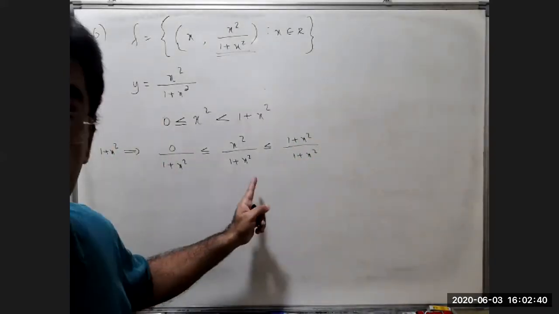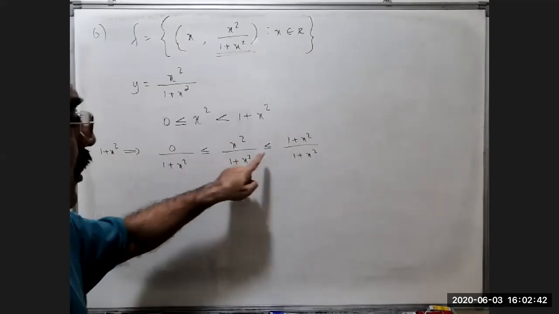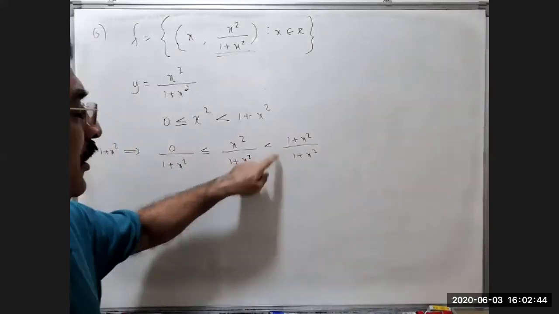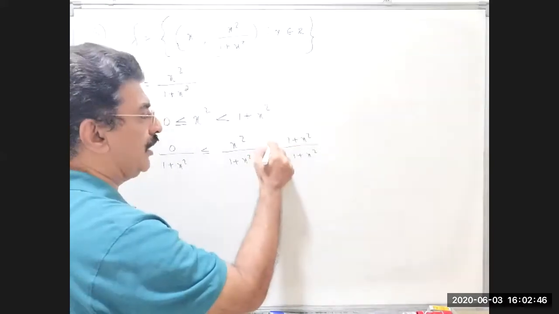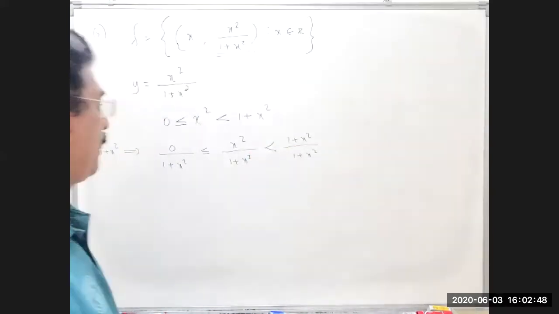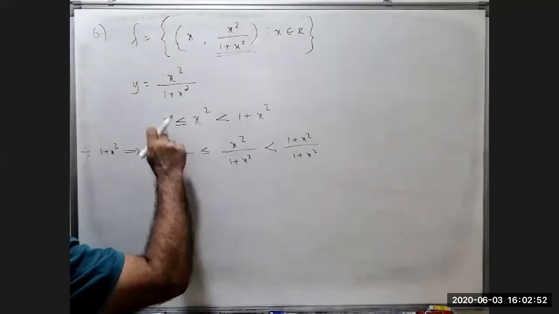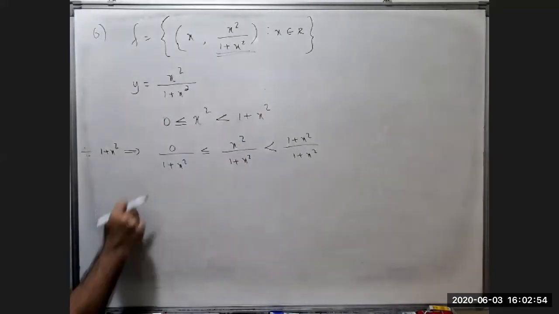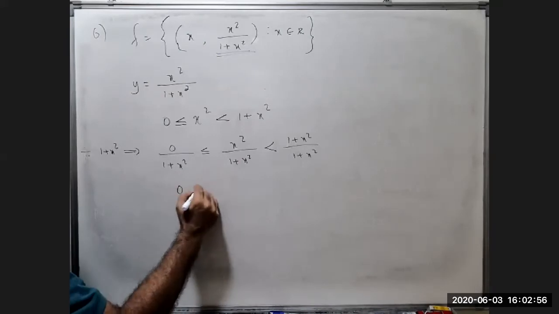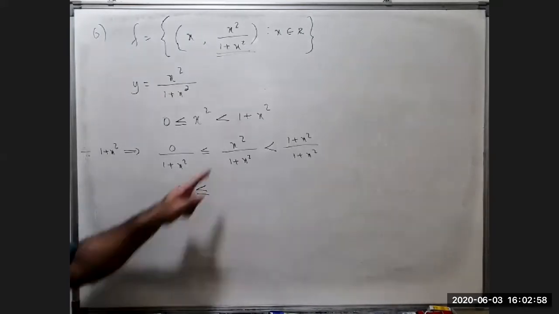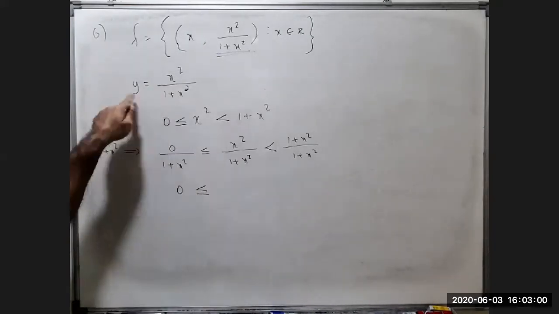Dividing by a positive number, the inequality remains the same. I divided these three terms by 1 plus x square. 0 by any quantity is 0, less than or equal to x square by 1 plus x square, that is equal to y.